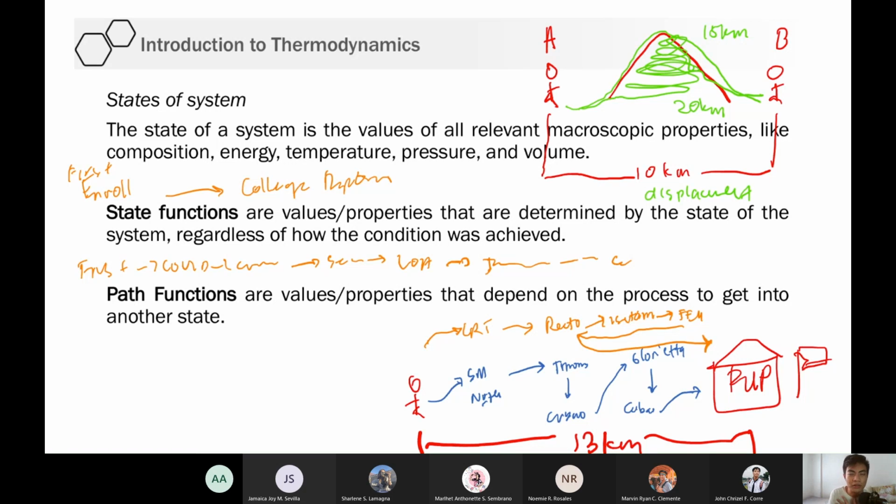Kunwari, ako trip ko mag-work agad. Kunwari, trip ko mag-aral na lang muna, mag-scholarship, no? Kanya-kanya yun, no? So, wag natin i-judge yung tao based on their paths. I-judge natin sila based on the states, kasi lahat naman tayo ma-achieve yung dulo. Ano yung dulo? Mamamatay tayong lahat. So, lahat tayo mapupunta doon. Ibig sabihin, yung ginagawa natin sa kanya-kanyang paths, hayaan niyo na lang, no?